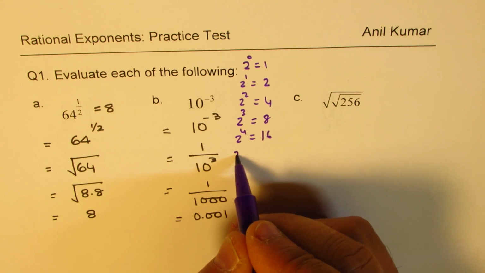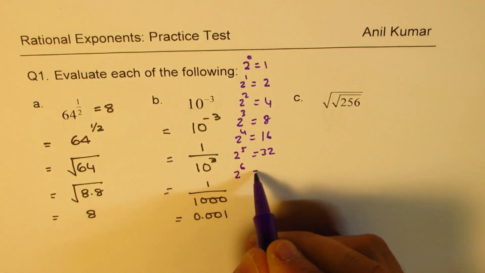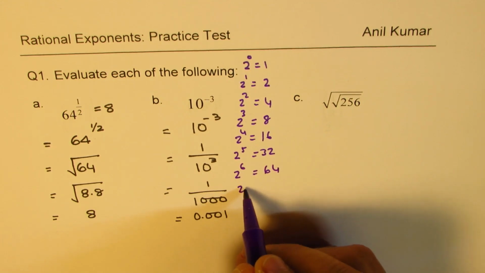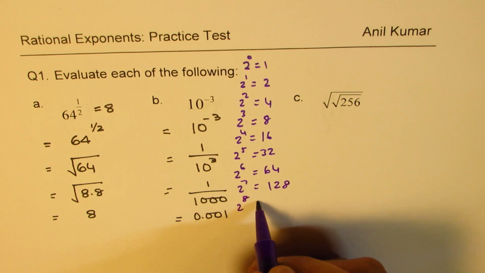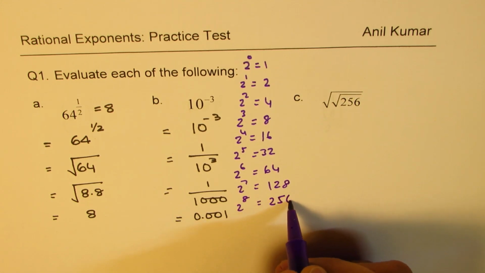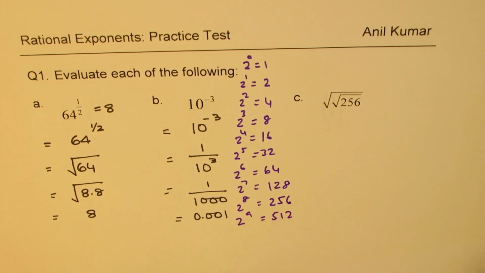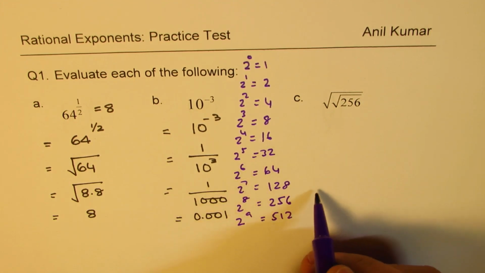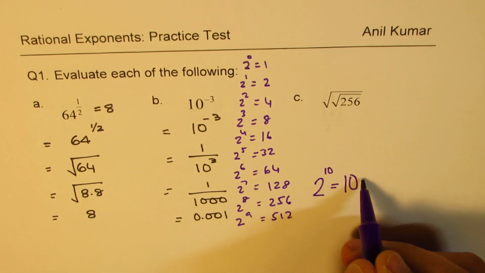Keep on multiplying with 2, and then you get these powers of 2. They really help you to answer many questions. So that is 256. Do you see that? Let me continue, and we get 512. And the last, let me write here, 2 to the power of 10 is 1024.